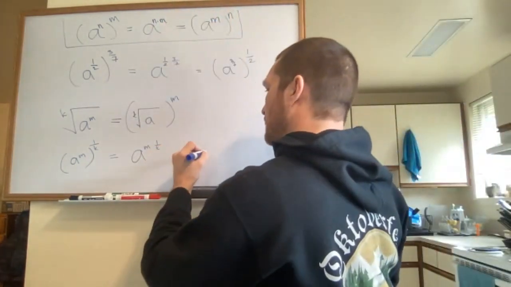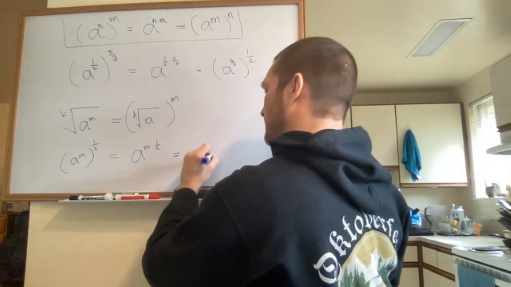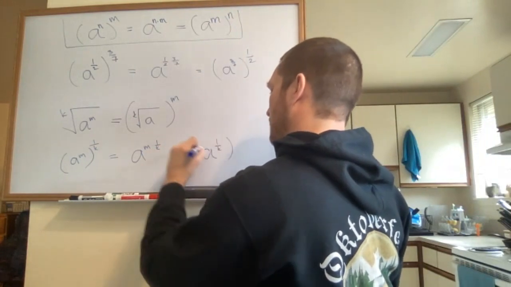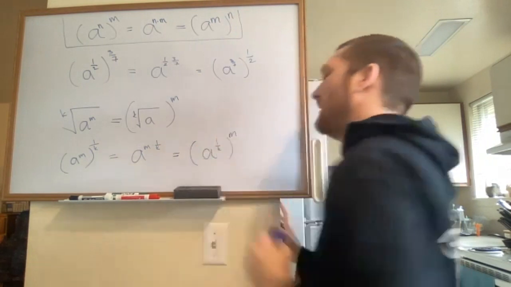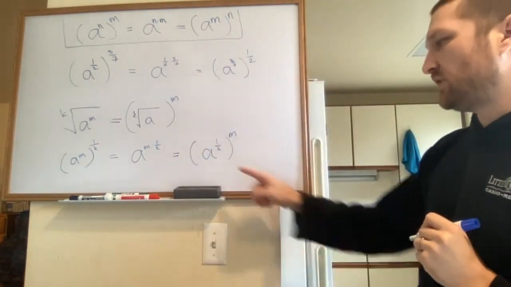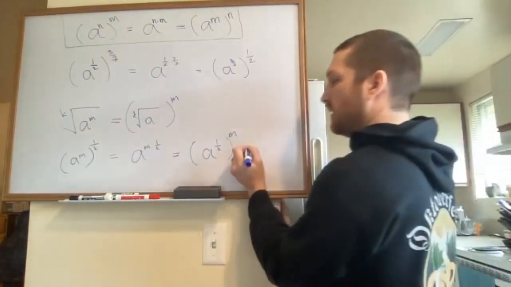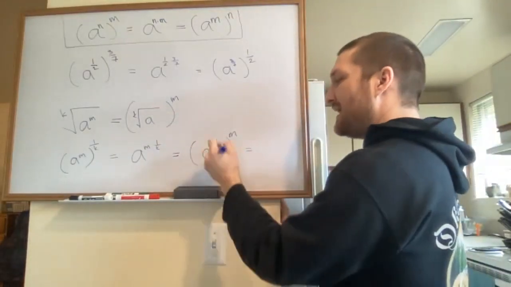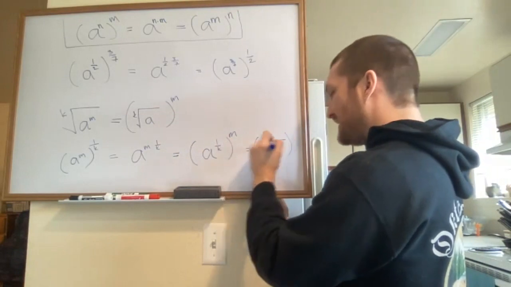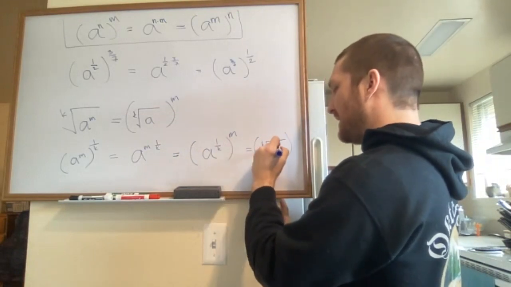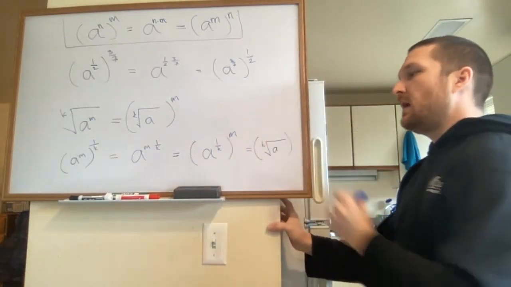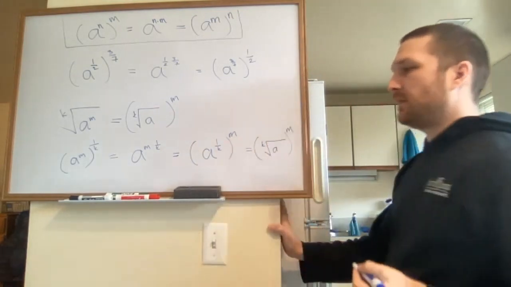So we could flip the order and go a to the 1 over k raised to the mth power, which is, oh hey, exactly what that says right there. That says a to the 1 over k means the kth root of a, and then we're raising it to the mth power.